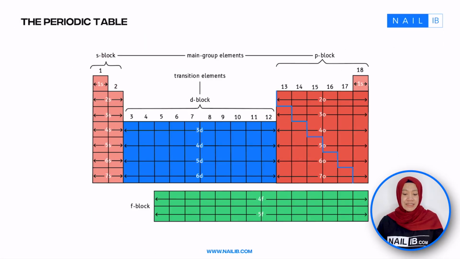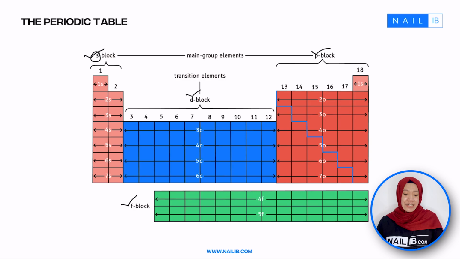We can also categorize the blocks in the periodic table. They are s, p, d, f. The s block is the elements from group 1 and 2 because their valence electrons fill the s orbitals.